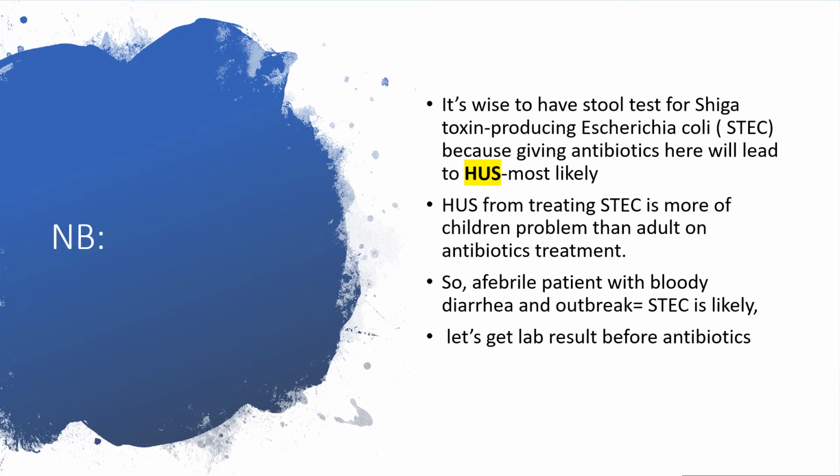So all those wonderful young boys and girls coming down with diarrhea, and you are suspicious that this is likely going to be caused by an infectious agent, bacteria in particular, then it would be wise, if your center has the facility, to have a Shiga toxin assay.